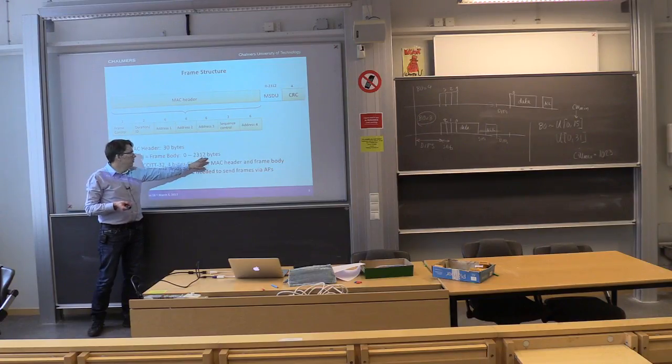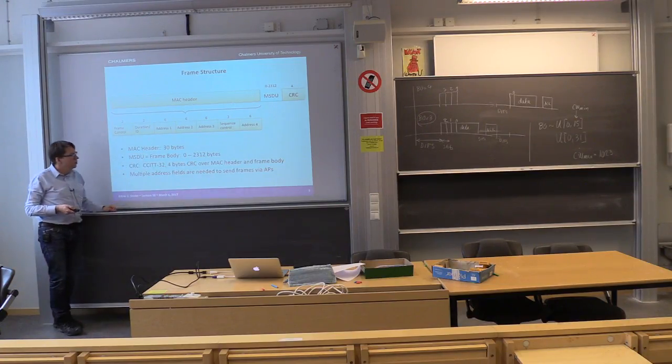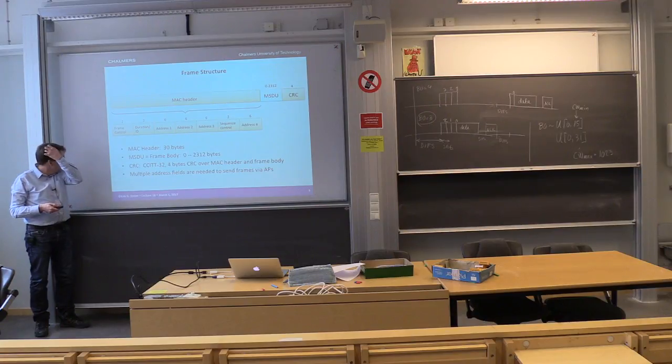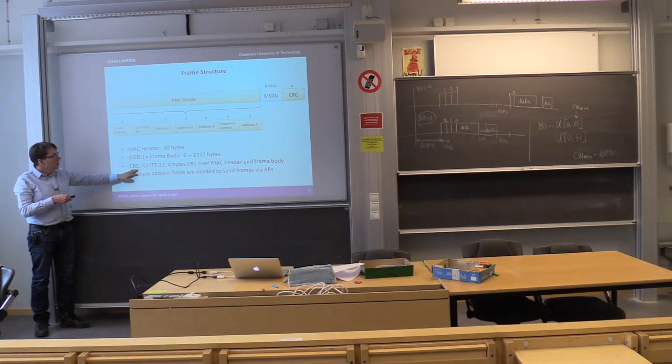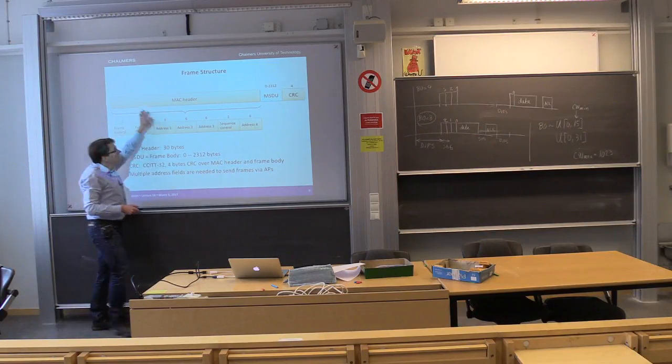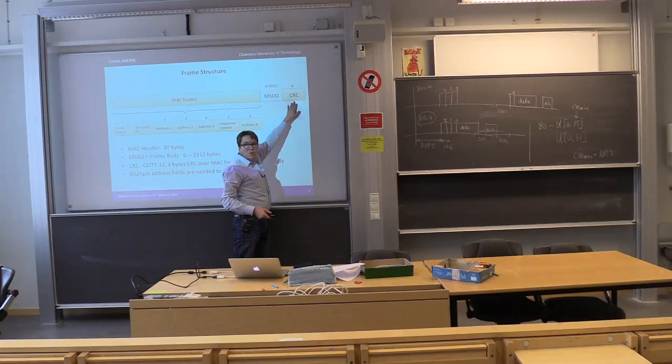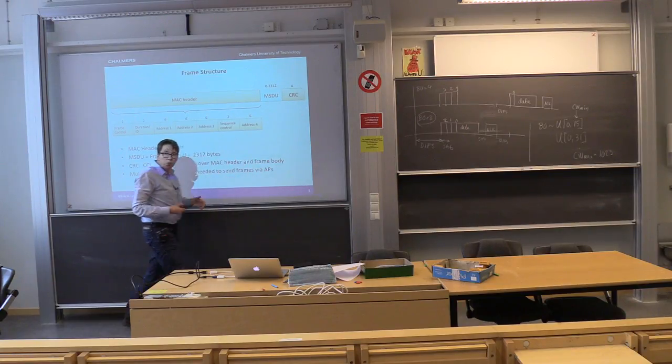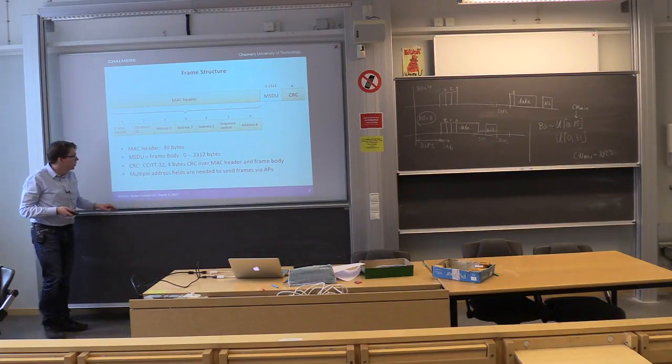I'm not sure if we actually so often use this maximum size here. The CRC is one specific CRC. There are many CRCs. It uses this one. And it's calculated over the MAC header and frame body. So everything from here, this part and this part, is covered by the CRC. Okay. So we protect both the header and the data with this one.